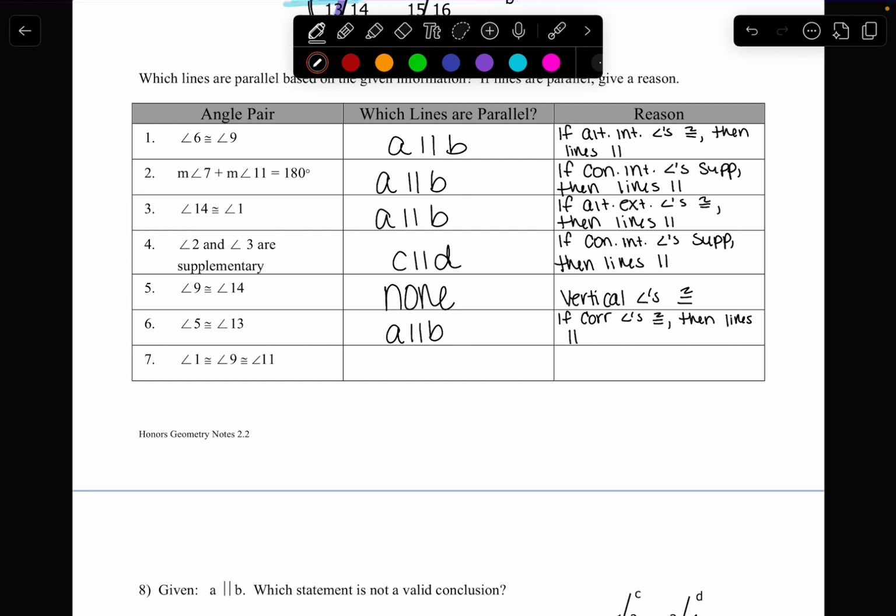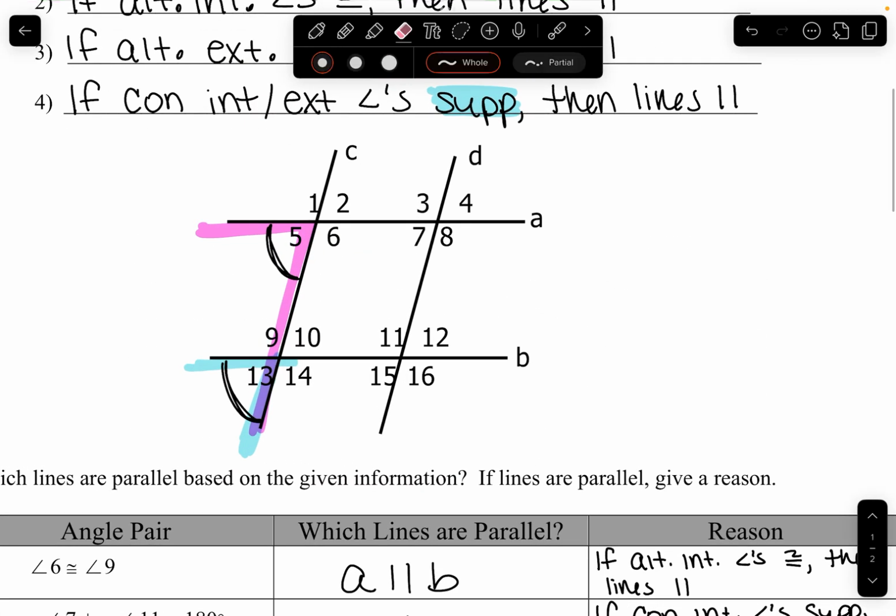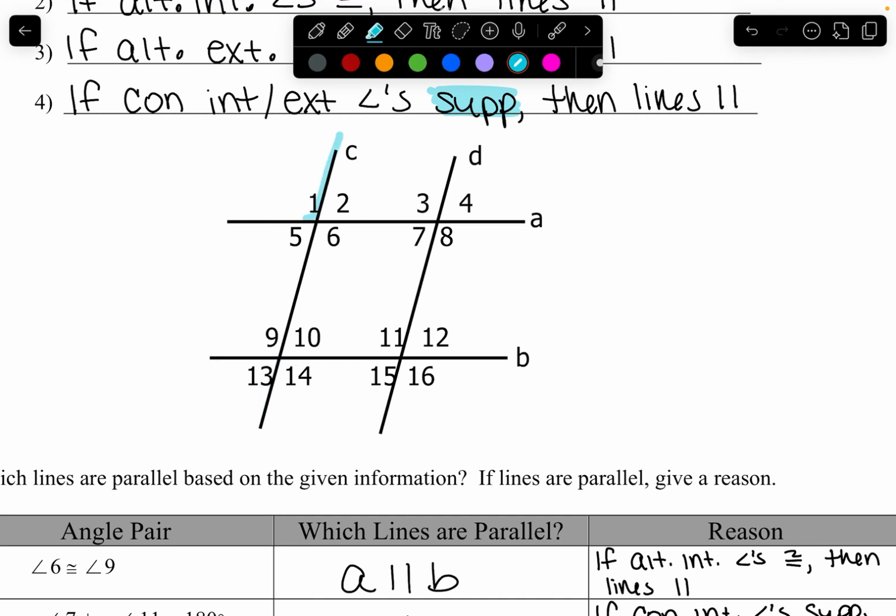And then last, we've got angle 1 is congruent to angle 9, which is congruent to angle 11. All right, let's see what's going on here. We got angle 1 that is congruent to angle 9, which is then congruent to angle 11. Okay, so I'm going to start with angles 1 and 9.